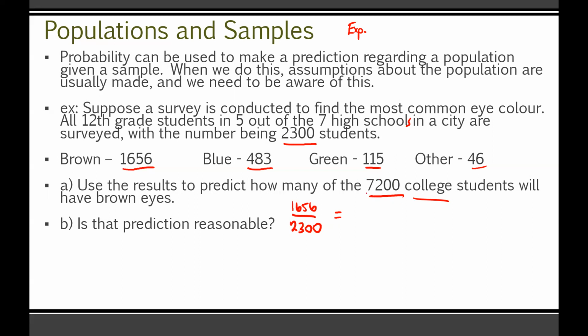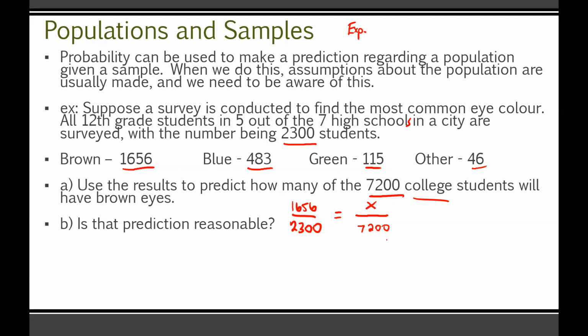Our other population is 7,200 college students. So why don't we say that this experimental probability is equal to another probability, except out of a total of 7,200. What that would mean is we can just use this to solve for x, being the top of this fraction, being the number of college students that have brown eyes.